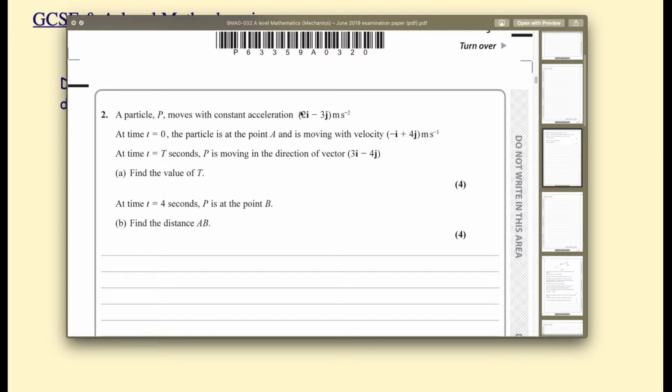So that's what you're seeing in that vector 2i - 3j. It's a particle moving in 2 dimensions. For every 2 units horizontally, it's moving down 3 units. We're talking about meters here, so 2 meters across, 3 meters down, that's your vector.